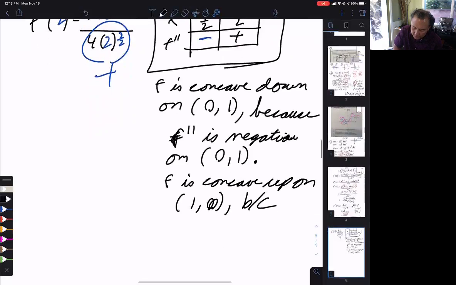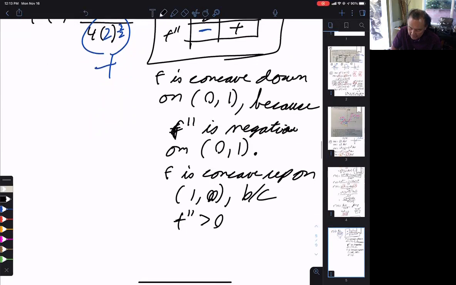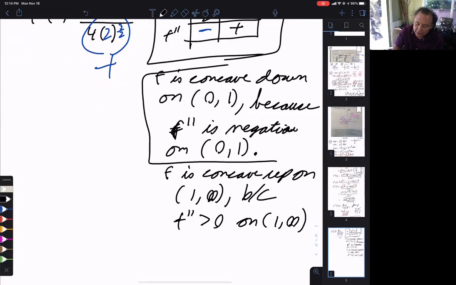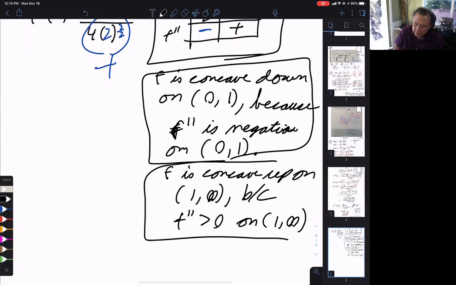And I'm going to say f double prime is positive. Instead of saying is positive, I'm going to say it's greater than 0. I'm just showing you there's different ways you can answer this on a test. f double prime is positive on the interval from 1 to infinity. So there is your other answer for concave up, concave down. That's the manner in which you should write it, one of those two, or a mixture of those two.